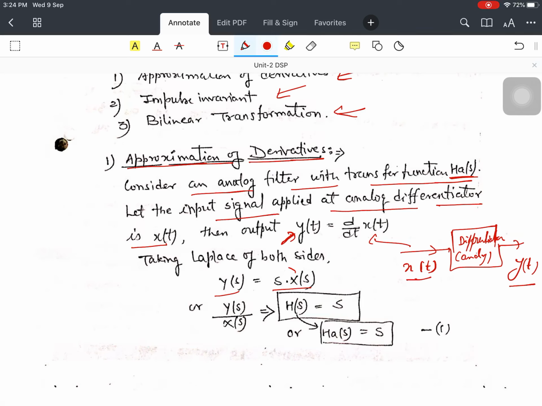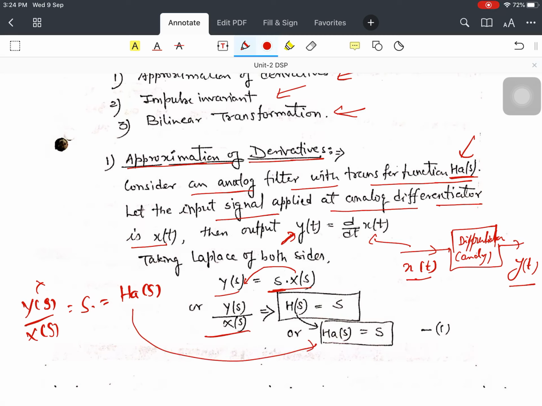Taking X(s) to the other side, Y(s) upon X(s) equals s, and we know Y(s) upon X(s) is H(s), the transfer function of the analog filter. In other words, we can directly write H(s) = s for the analog filter. Clear?